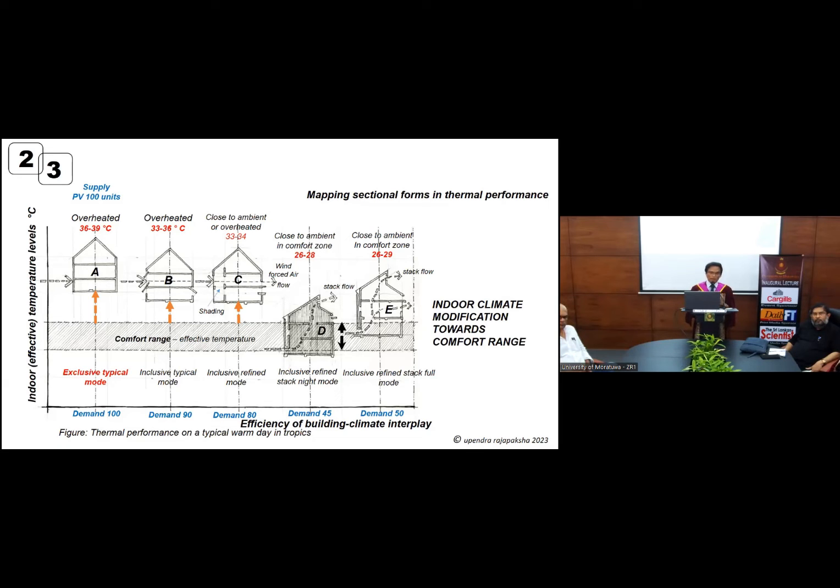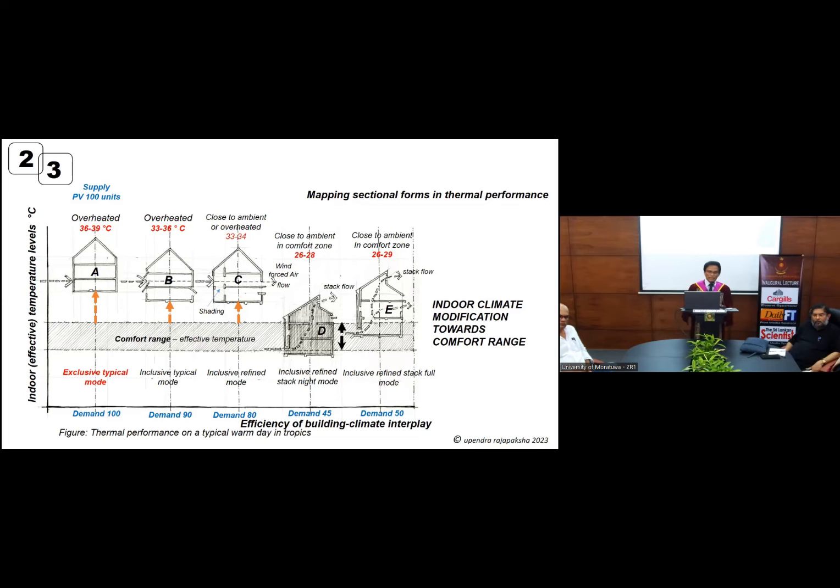But the problem with airflow is it brings heat, because we are in a diffuse environment, so we have diffuse radiation everywhere. So whenever you open the window, it brings heat, but it's better than the previous one. Its internal temperature could be 33 or 36 degrees centigrade. It is an inclusive typical mode, but it's not the best we can do. Again, its internal environment is well above the comfort range.